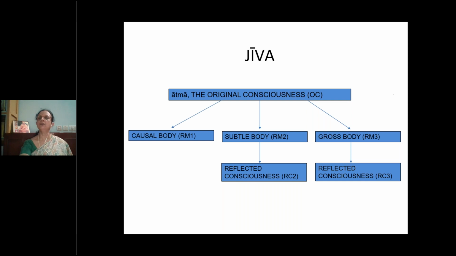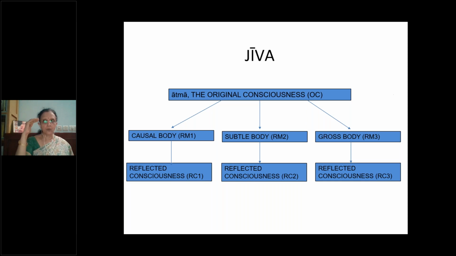Similarly, you have original consciousness reflecting in RM1, which is the causal body or Karana Shariram, giving rise to reflected consciousness RC1. So we have, like you imagine, 3 different mirrors where there is an image formed, right, from the Atma. This is only for imagination purpose, right? So don't extend it too much, right?